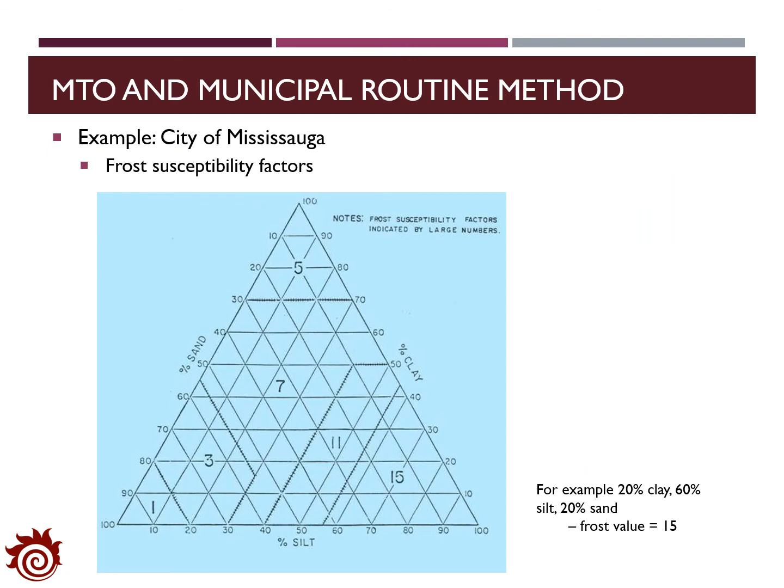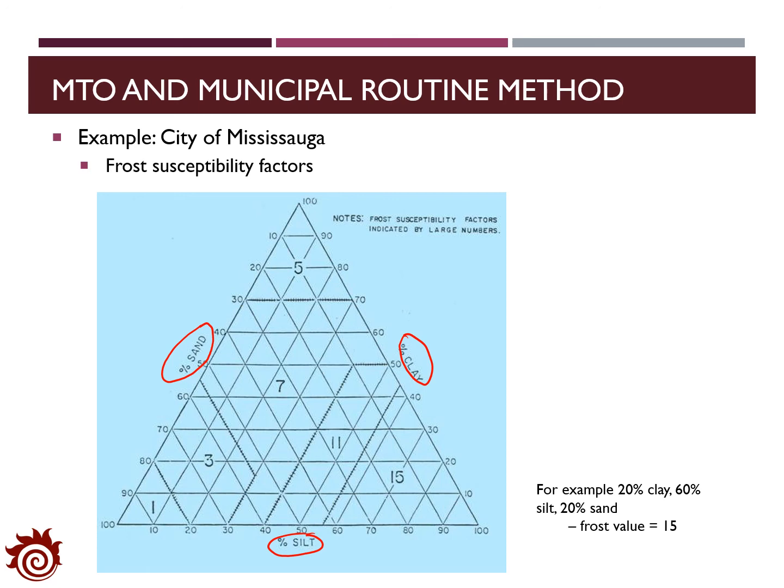In the city of Mississauga, the design of the pavement relies on the values of the frost susceptibility factor. The figure here shows the way for us to identify the frost susceptibility factor based on the percentage of the sand, clay, and silt.